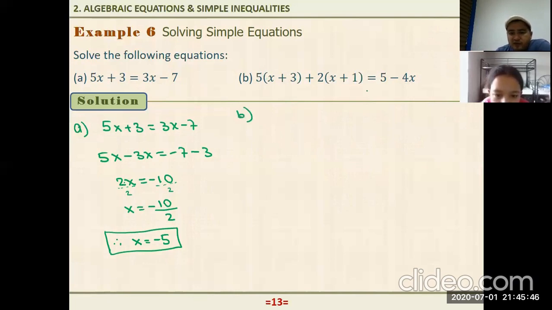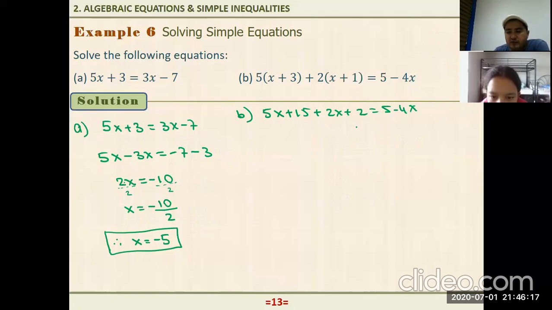Now, question B. What is the first thing that we have to do here? Simplify, right? Clear the brackets, expand them and simplify first, because we have brackets here. You know how to do that. 5 times x plus 5 times 3, 15, plus 2 times x, 2x, plus 2 times 1, it is 2. On the right-hand side, we have nothing to do: 5 minus 4x.